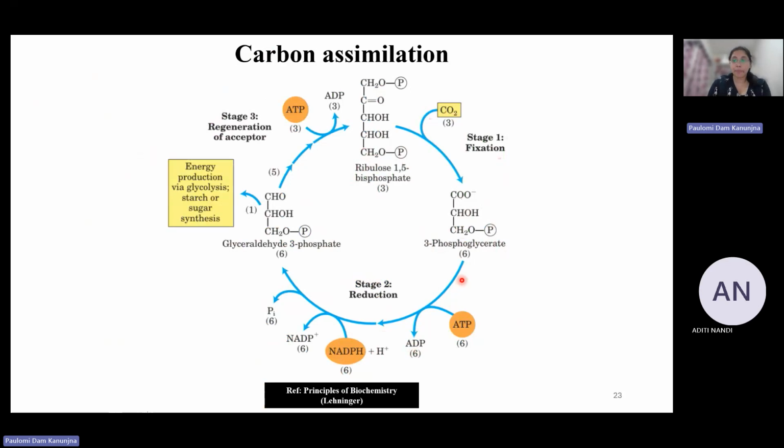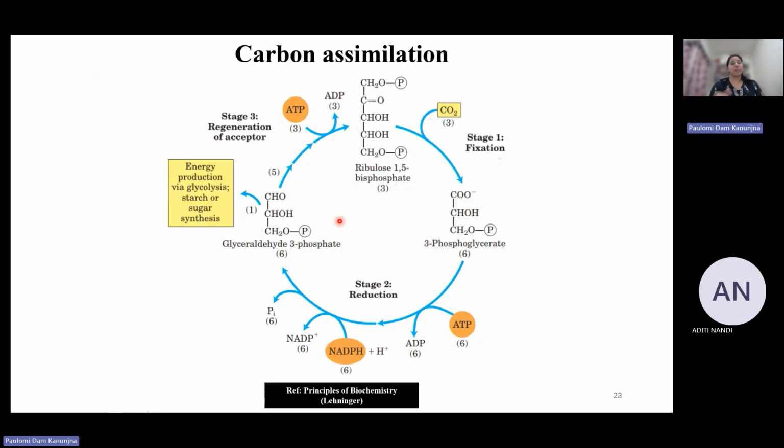So it's an energy driven step. Your 3-phosphoglycerate is giving you glyceraldehyde 3-phosphate. And in the last step, you have to regenerate the ribulose 1,5 bisphosphate if you want to continue this cycle. So this same glyceraldehyde 3-phosphate, via regeneration, gives ribulose bisphosphate, again utilizing ATP.